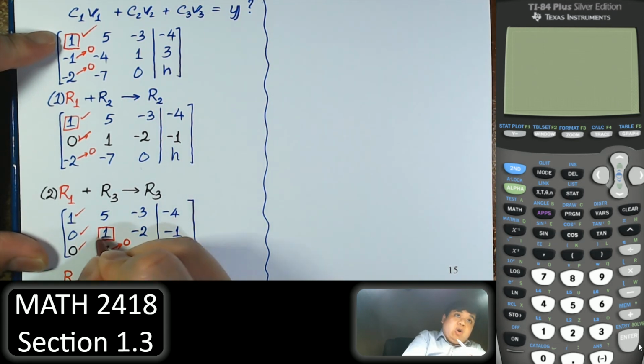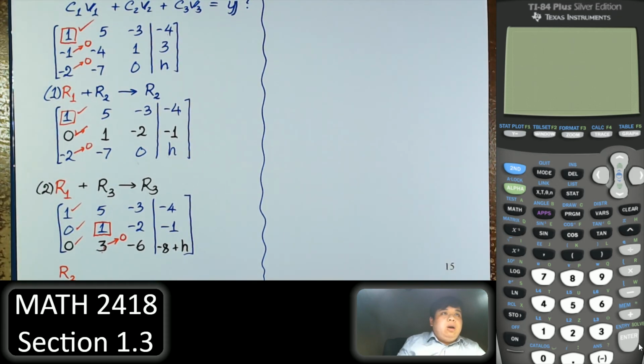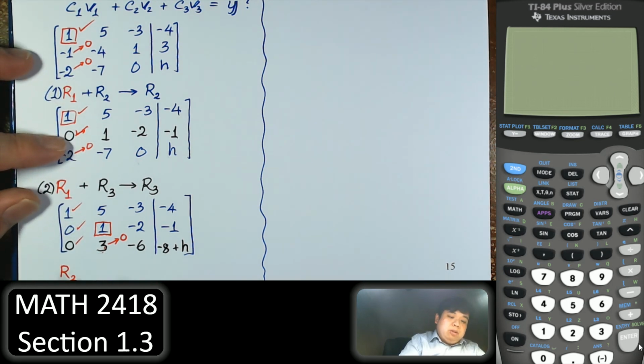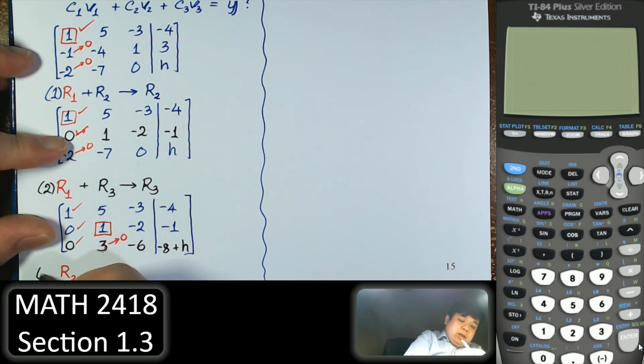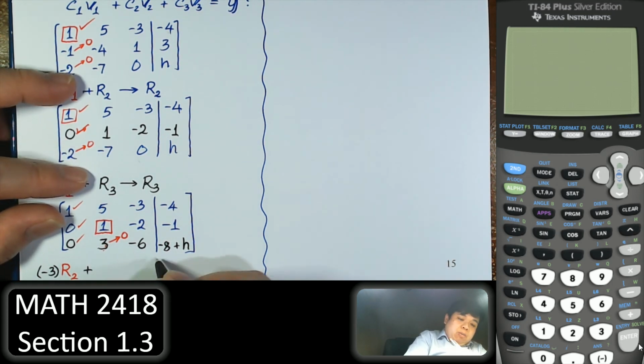The pivot is on row 2. And to eliminate, we use the opposite of the number we are trying to eliminate. So to eliminate 3, we're going to use negative 3, the opposite of that.